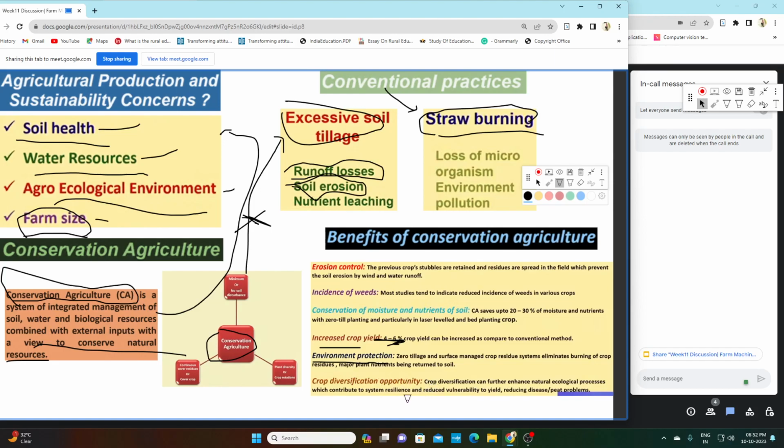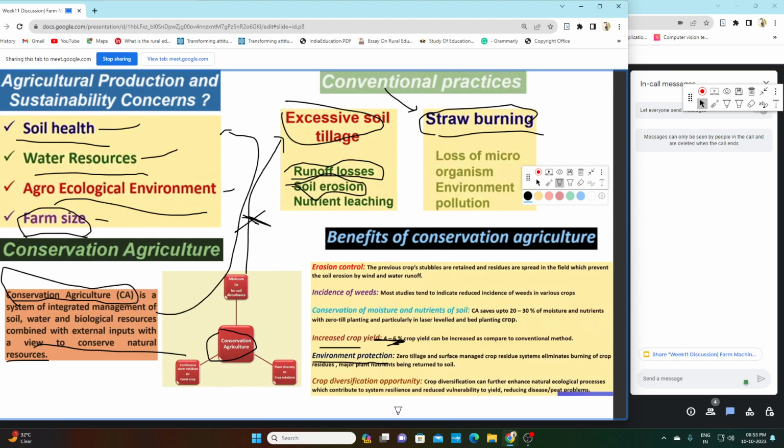That means by this crop diversification we are also maintaining the soil nutrition. Some of the pulses or legume crops restore the soil nutrition. So that is again a major advantage of crop diversification.